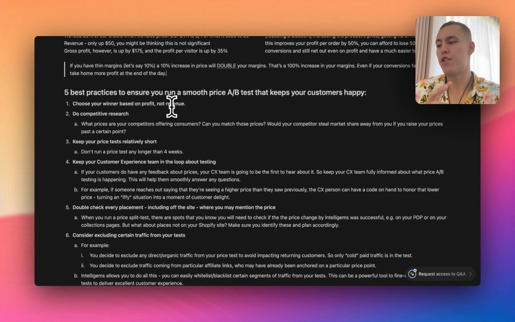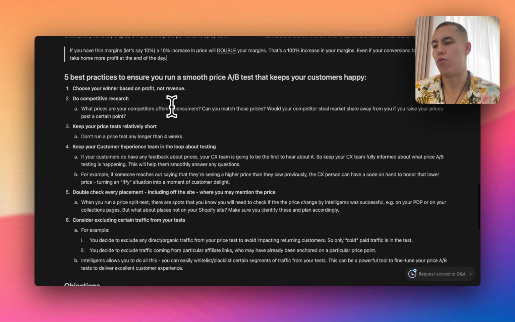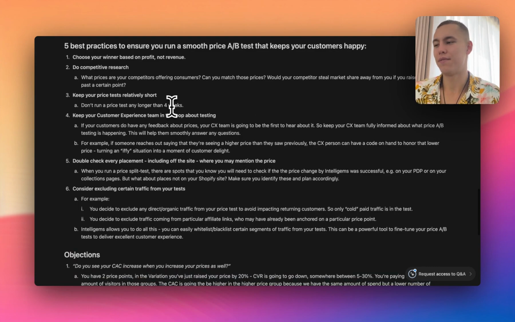If you have thin margins, let's say 10%, a 10% increase in price will double your margins. That's a 100% increase in your margins. Even if your conversions fall 80%, you will take home more profit at the end of the day. So I hope that clarifies how big of a thing price testing is.